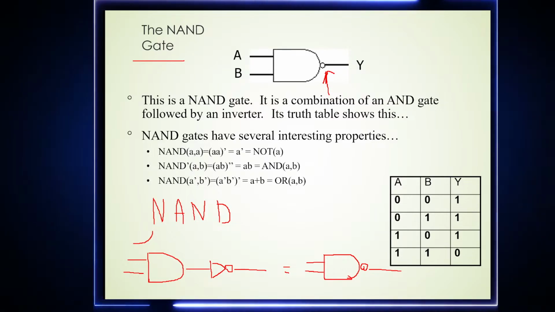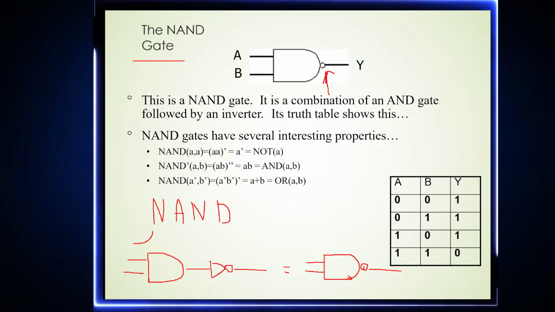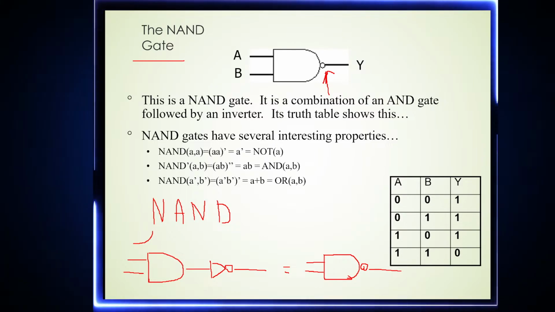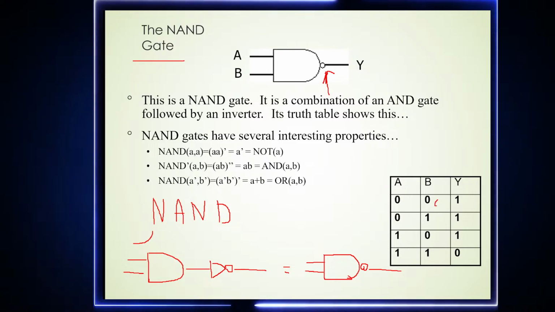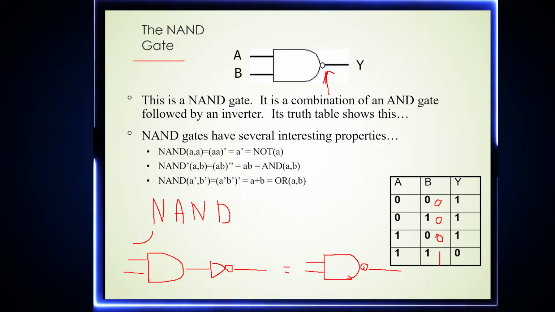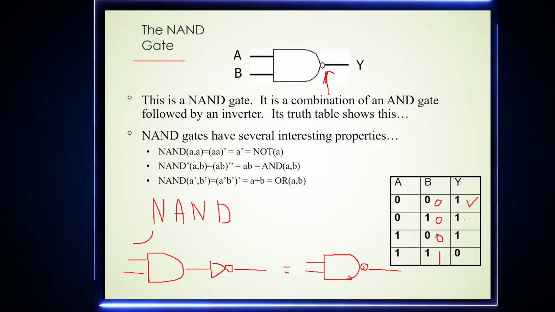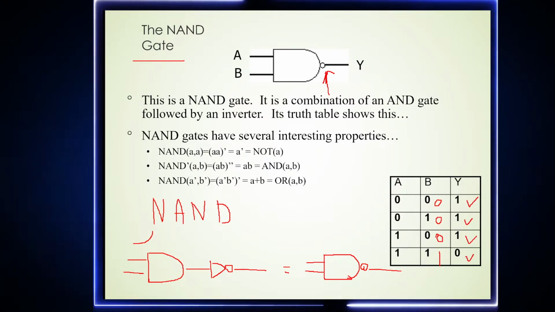This bubble represents the NOT function, so obviously it will also invert the truth table. In the first case, the output truth table for AND was 0 0 0 1, but since we have inverted it, now our output will be 1 1 1 0. It is just inversion.